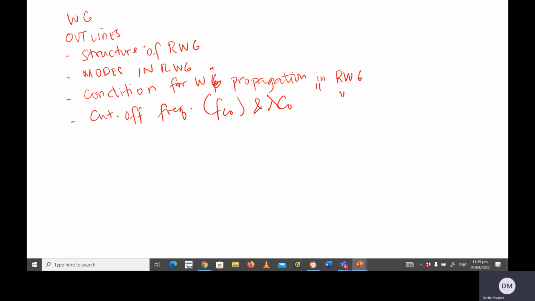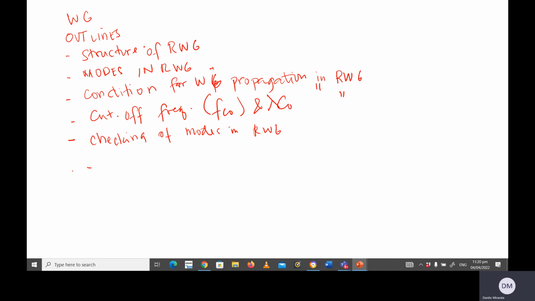And another one, the checking of modes in rectangular waveguide.